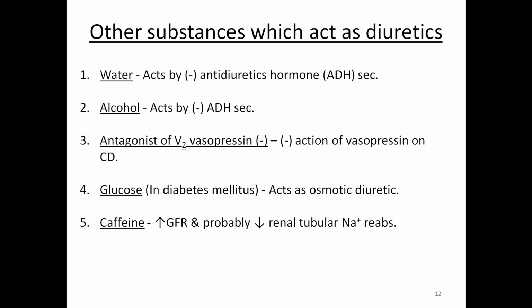Then antagonists of V2 vasopressin inhibit the action of vasopressin on the collecting duct. Glucose, in case of diabetes mellitus, also acts as an osmotic diuretic. And caffeine, which causes increase in GFR and probably decreases renal tubular sodium reabsorption, also acts as a diuretic.